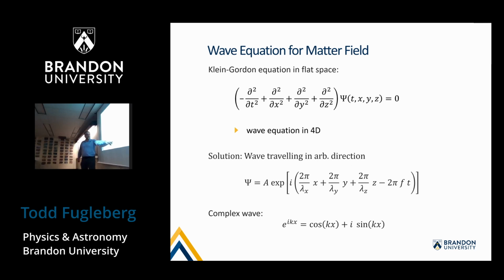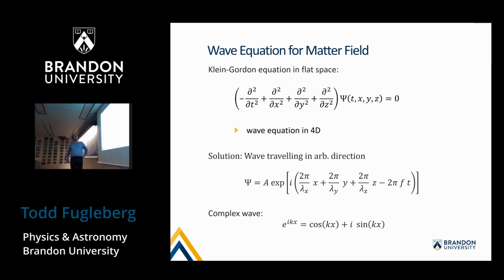Just say, if I see that, I know that it's oscillating like a sinusoidal wave. It has 2 different pieces, but that's not important. It's oscillating, and it's moving in some arbitrary direction. It's going to have a wavelength in each of the 3 directions and a frequency at which it's moving up and down. Except when I say moving up and down, I'm not considering anything moving. This is just how that field is changing from point to point.